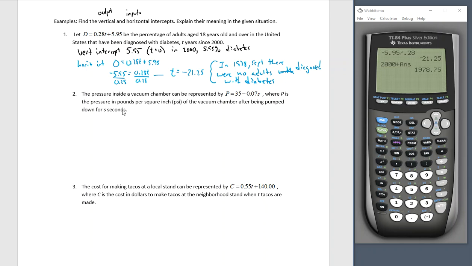All right, so the pressure inside a vacuum chamber can be represented by P equals 35 minus 0.07 S. P is the pressure in pounds per square inch of the vacuum chamber after being pumped down for S seconds. Our vertical intercept, which we know will be our P intercept, is when S is 0. When S is 0, our P value is 35.